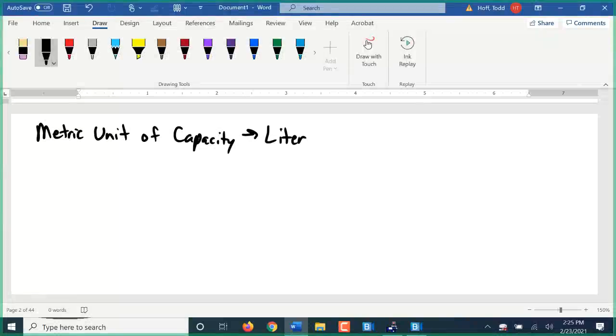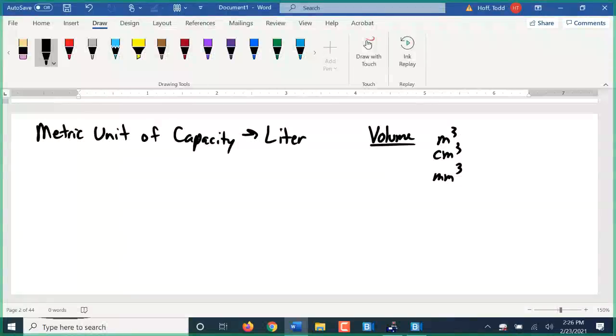The second thing they wanted to fix is that lack of connection between capacity and volume. In the metric system, of course, volume would be meters cubed, centimeters cubed, millimeters cubed, and so on.